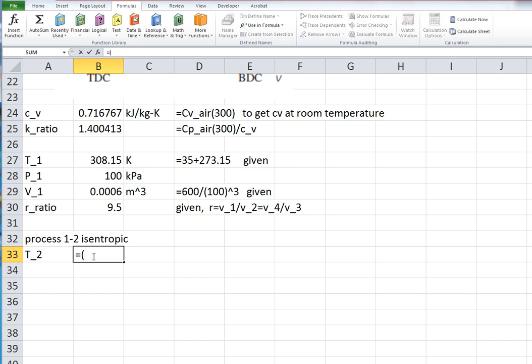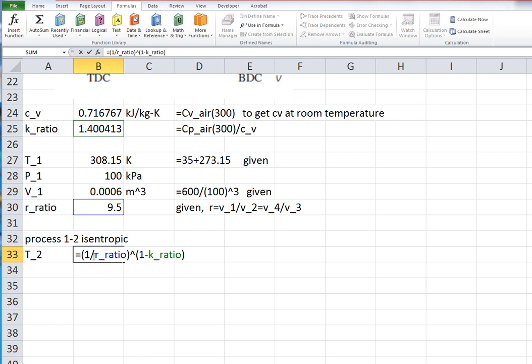from this ratio of V2 over V1, which you'll note is 1 over R raised to the 1 minus K ratio. And that's T2 over T1.